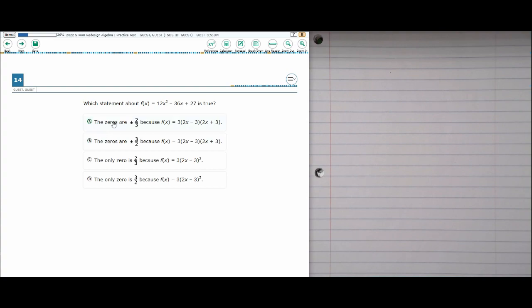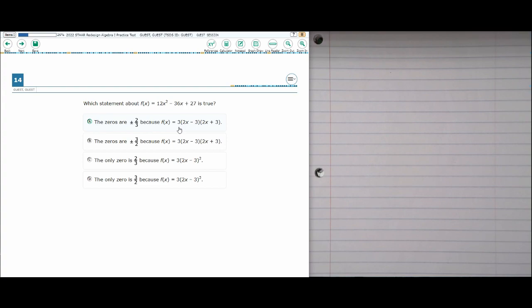But notice this says the zeros are positive and negative 2 over 3 because f of x is equal to 3 times 2x minus 3 times 2x plus 3. So they're just giving us a quadratic that's in a different form than what we normally have here. This is our standard form, and they're giving us this right here in a different form, right? It's written as 2 binomials being multiplied with a greatest common factor in front.